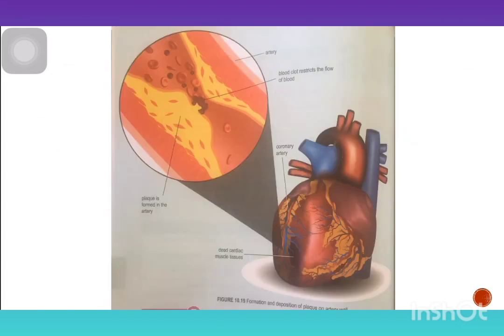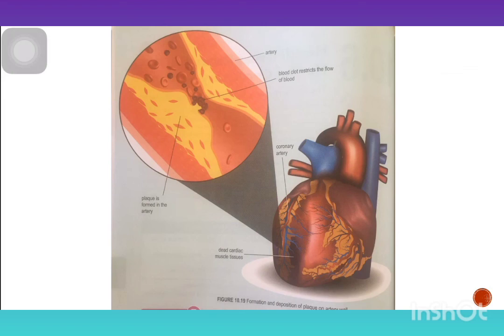Okay, next up we have the picture of the formation and deposition of plaque on the artery wall. So we can see that this is how blood clots happen. In the artery, the plaque is formed, and the plaque is the yellow one that looks like a swollen thing, and blood clots restrict the flow of blood.